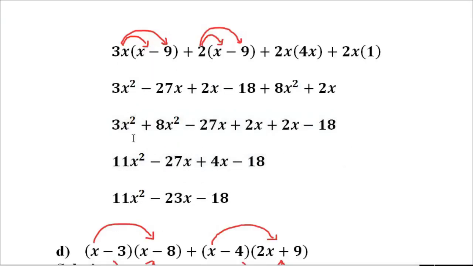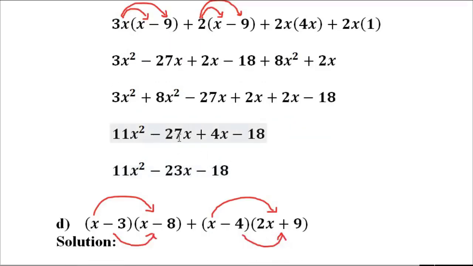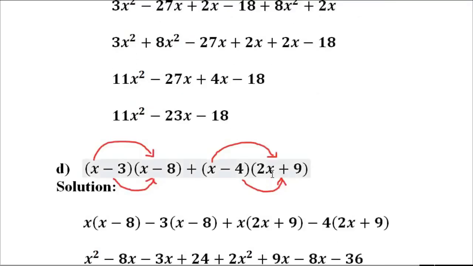Now 3x squared plus 8x squared is 11x squared. 2x plus 2x is 4x. Now negative 27x plus 4x is negative 23x. Therefore, 11x squared minus 23x minus 18 is our simplified expression.